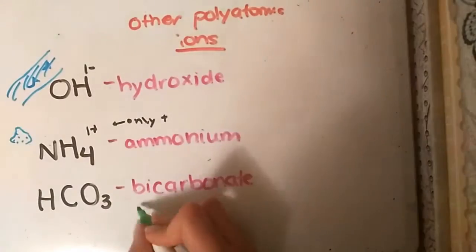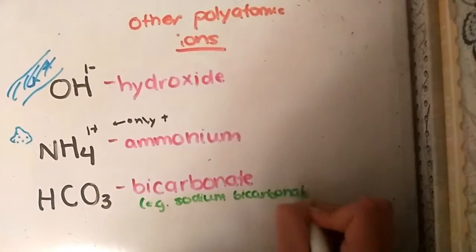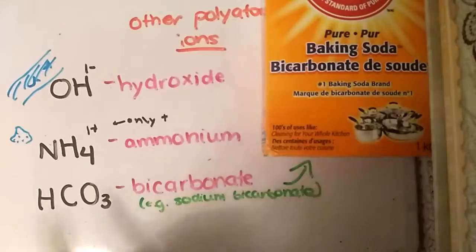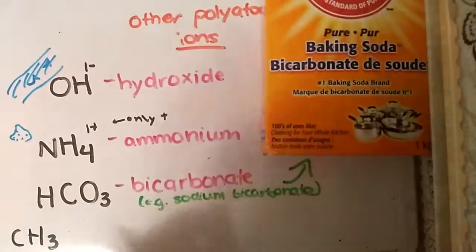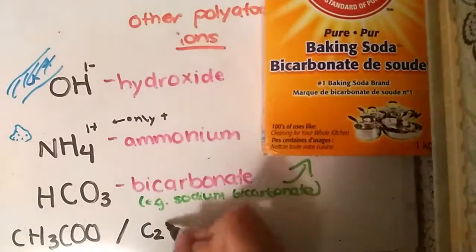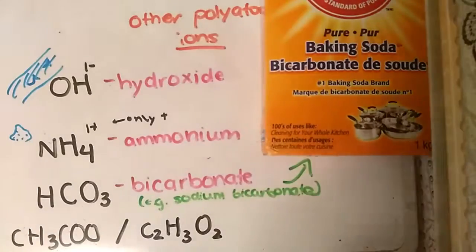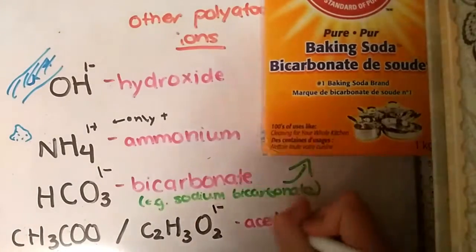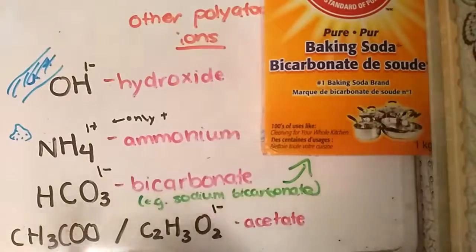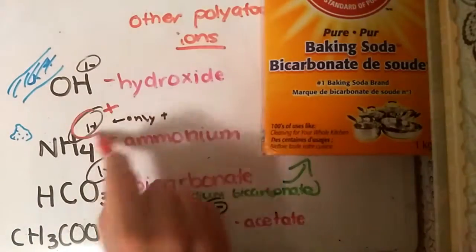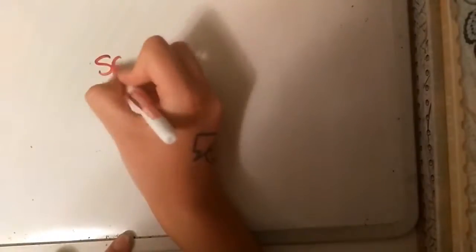Then HCO3 with 1-, which is bicarbonate, such as sodium bicarbonate or baking soda, something we all commonly use. And the last one is CH3COO or C2H3O2, and that is acetate, and it has a charge of 1-. Notice that all of these are anions, except for ammonium, which is a cation.